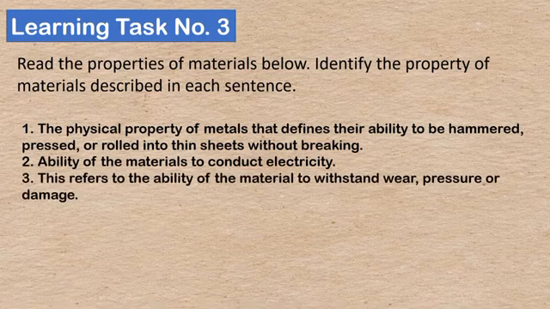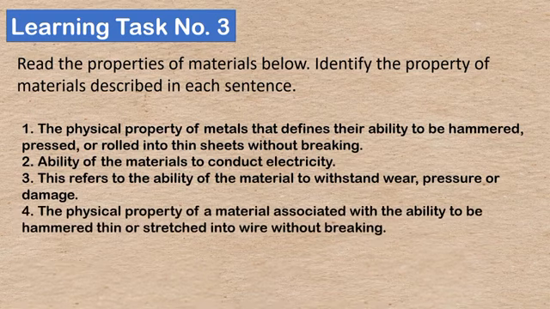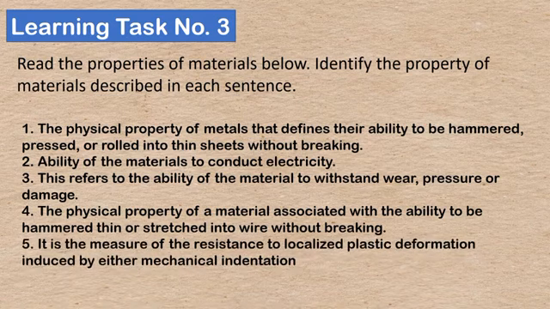This refers to the ability of the material to withstand wear, pressure, or damage. Number 4. The physical property of a material associated with the ability to be hammered thin or stretched into wire without breaking. And number 5. It is the measure of the resistance to localized plastic deformation induced by mechanical indentation.